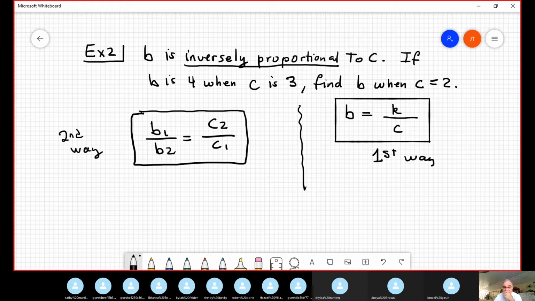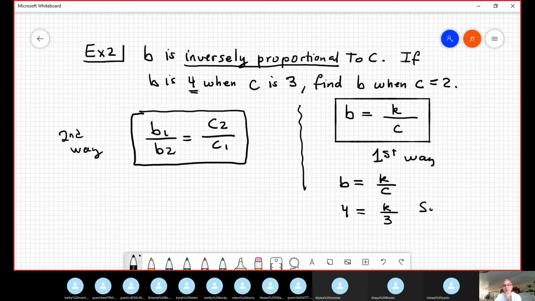The first is, let me see, B is equal to a constant divided by C. But using condition number 1, in which B is 4 when C is 3, and the constant I have no idea.